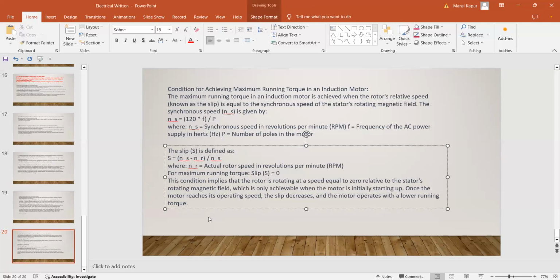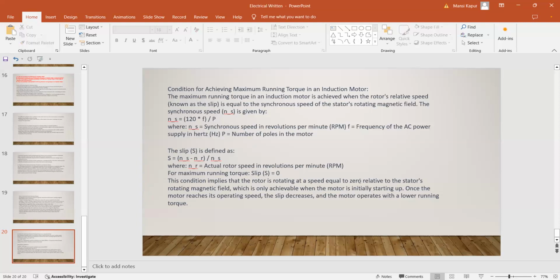The condition implies that the rotor is rotating at a speed equal to 0 relative to the stator rotating magnetic field, which is only achieved when your motor is initially starting up. Once the motor reaches the operating speed, the slip decreases and the motor operates with a lower running torque.